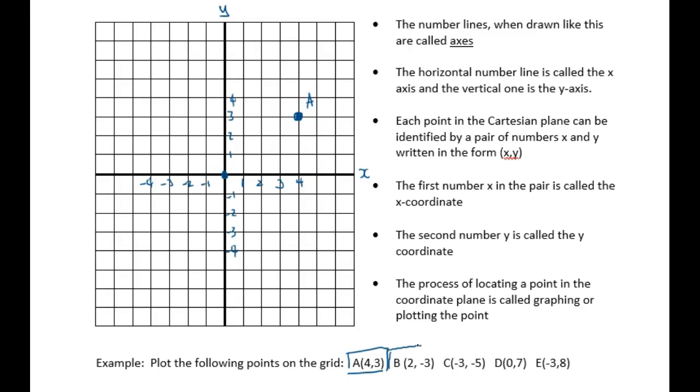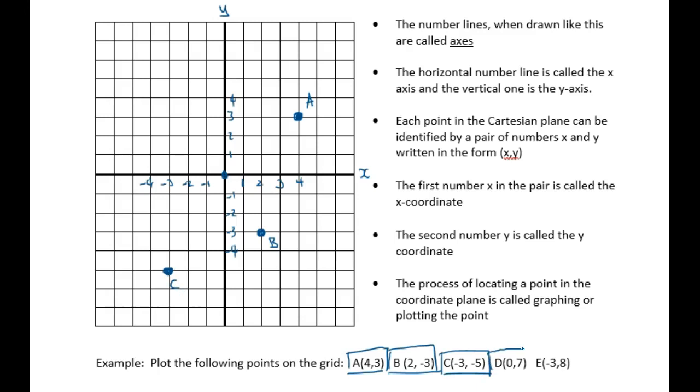Next one, B, (2, -3). Remember, it's x first and then y, so 2 and then -3. That coordinate right there is B. C is (-3, -5). First the x-axis, so -3 and then -5. This is our C value.